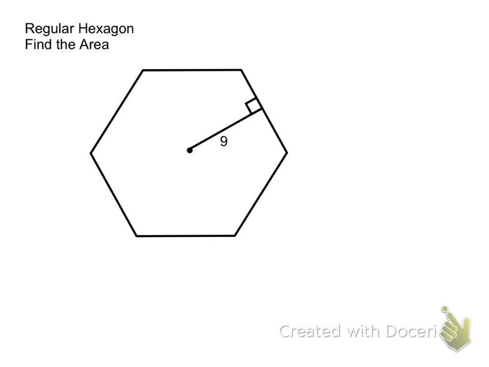Let's look at a regular hexagon and do the same thing. So our apothem is 9, so A equals 1/2 times 9 times, we don't know our perimeter. So let's do the same thing, draw a line in here, and this is now what kind of triangle?